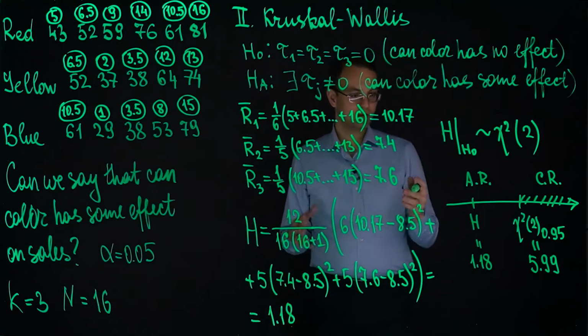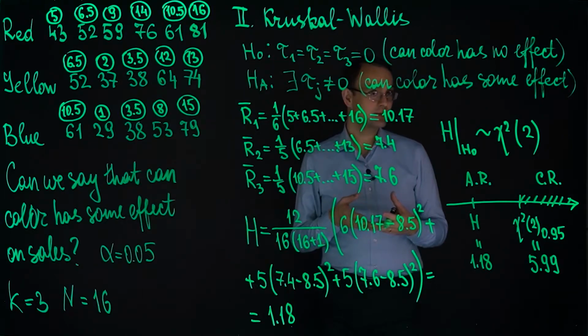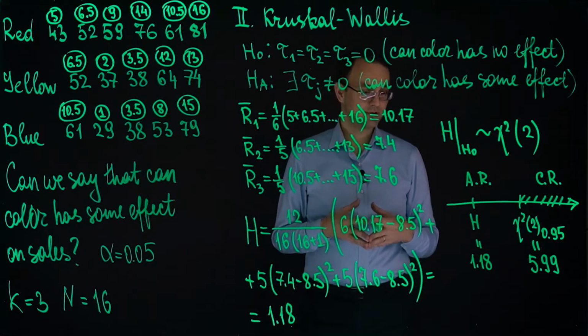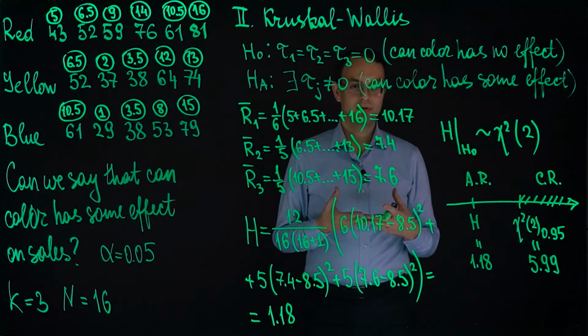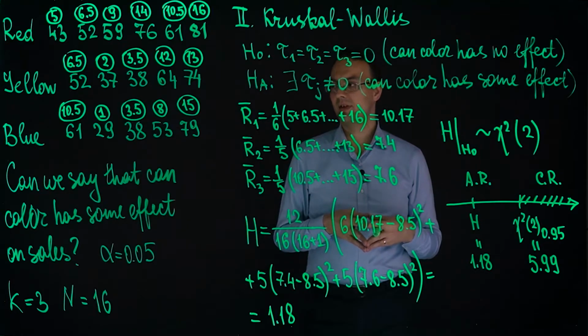So we got the same result as in the previous example, when we assumed the normal distribution for our observations, for our response. Still, the test statistic is in the acceptance region, and so the null hypothesis is accepted, and the answer is absolutely the same.